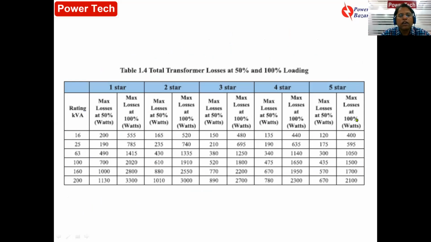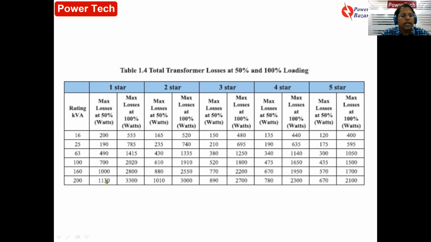And this is the IS 1180 rating of the transformers. For 1 star, the manufacturer has to manufacture the transformer in such a way that the maximum losses at 50% load should not cross 200 watt, and the maximum losses at 100% load should not cross 555 watt.